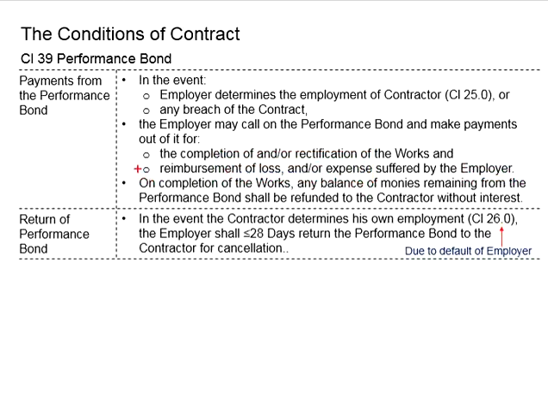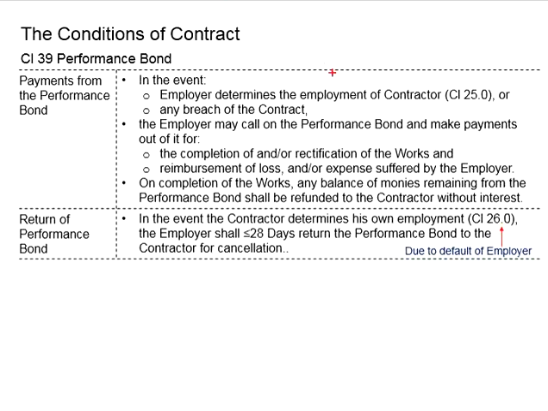Then, on completion of the work, any balance of money remaining from the performance bond shall be refunded to the contractor without interest. This means that the employer cannot use the performance bond without any restriction. There must be good justification for claiming this performance bond.